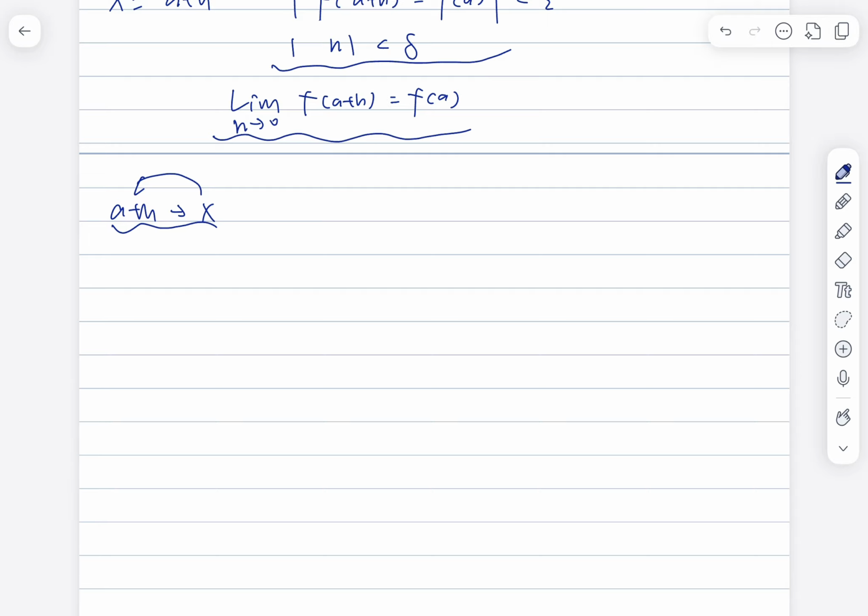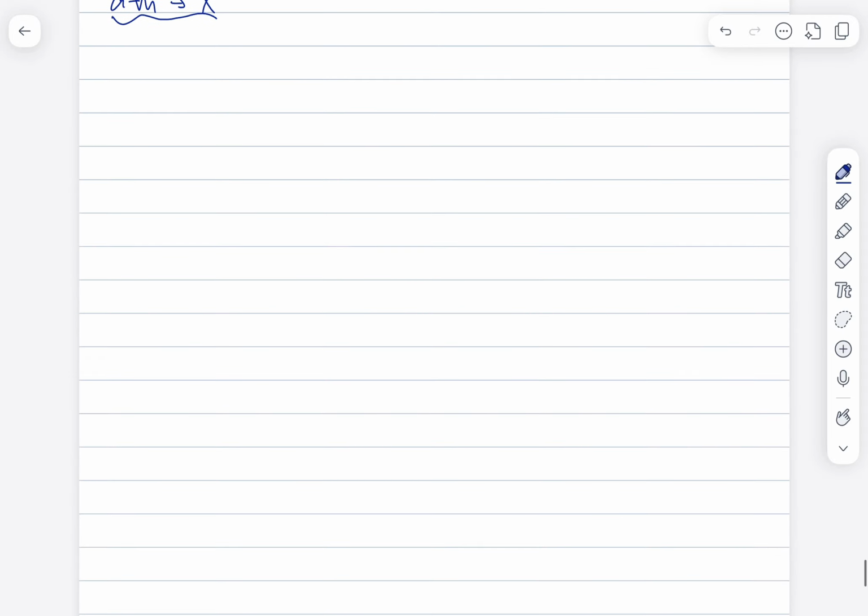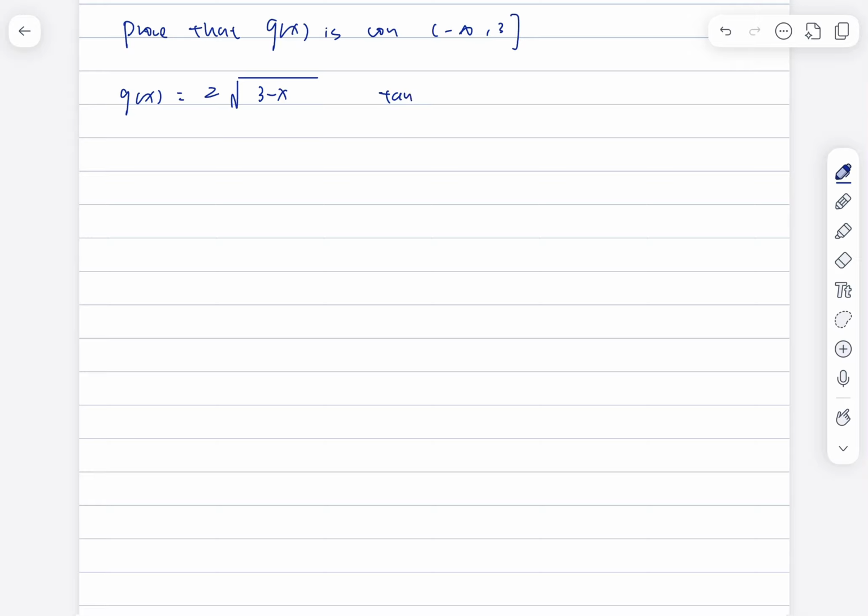We also want to prove that g(x) is continuous on negative infinity to 3, where g(x) is 2 to the power of 3 minus x. Let's take n within negative infinity to 3, noting that we're not getting to 3 yet.